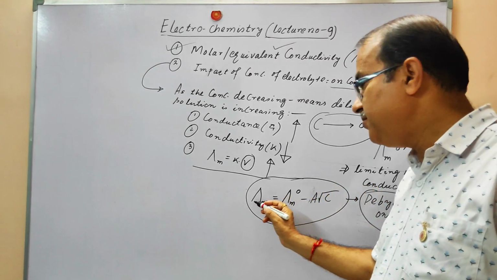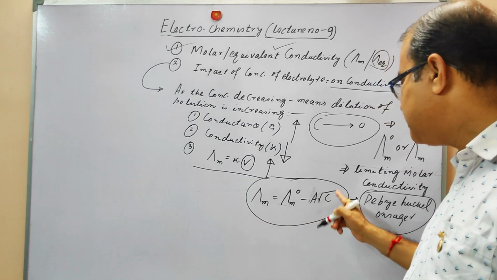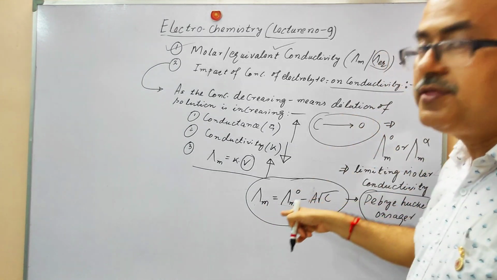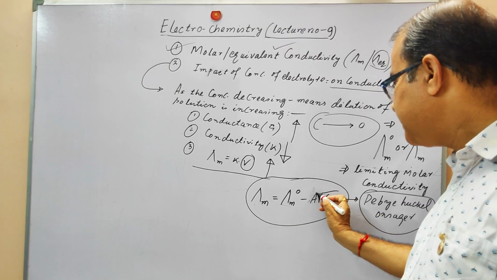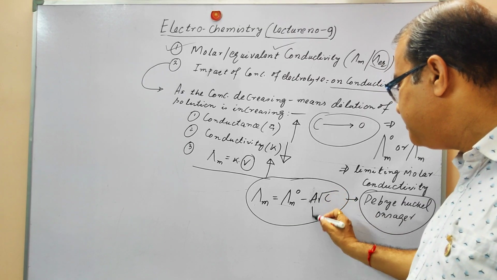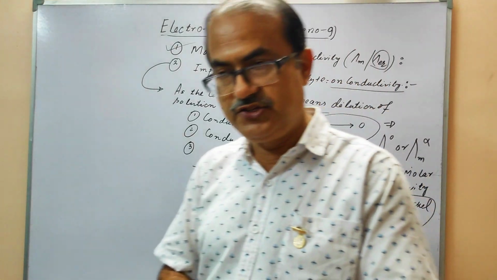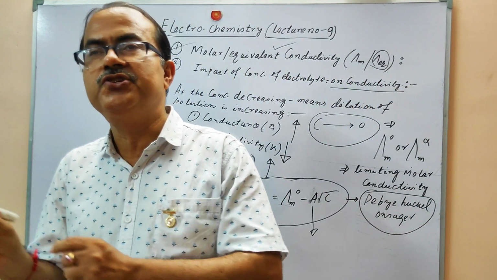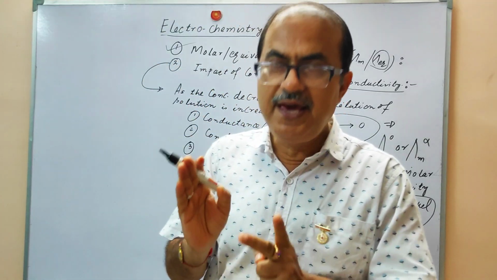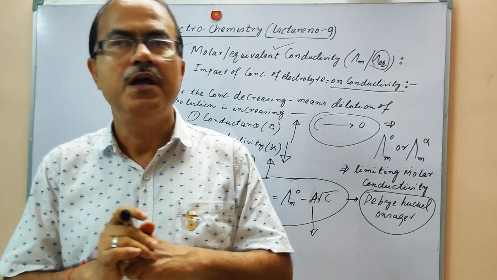In this equation, you can see we are relating the molar conductivity at concentration C with the limiting molar conductivity, and there is a term A, which is a constant. It is characteristic of an electrolyte. For the same solvent and the same temperature, A depends on the electrolyte.